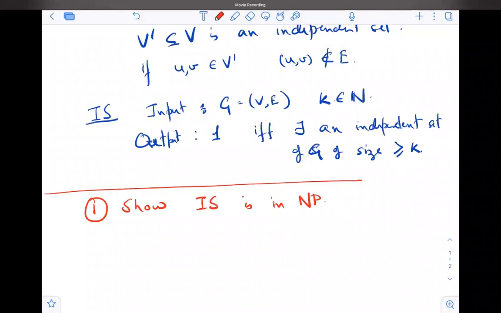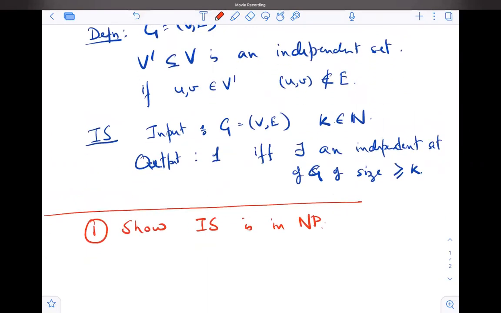Now this is kind of easy to show, and I'm not going into it. I'm sure almost all of you have got it correct. To show such a thing, all you have to say is what the witness is, and the witness is the independent set. So the witness is basically a subset V prime of V, such that the size of V prime is at least K, and V prime is an independent set.